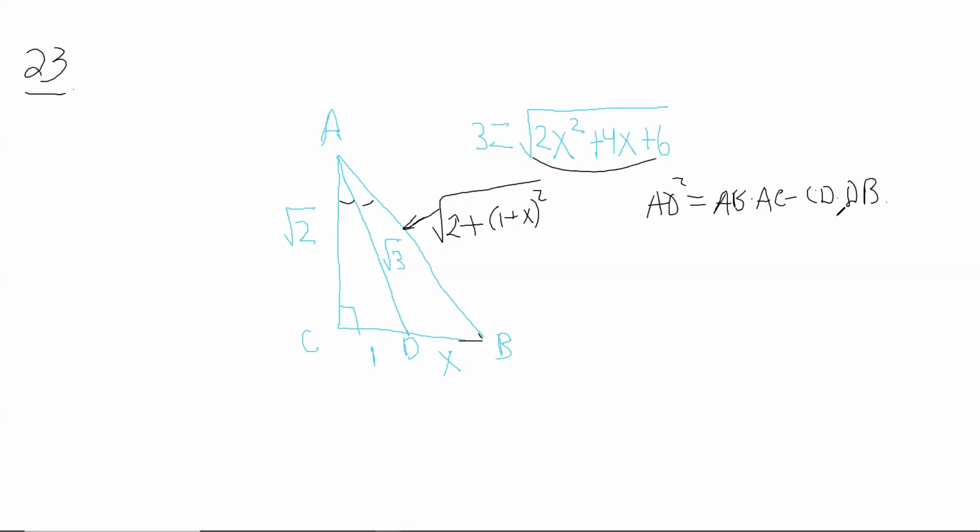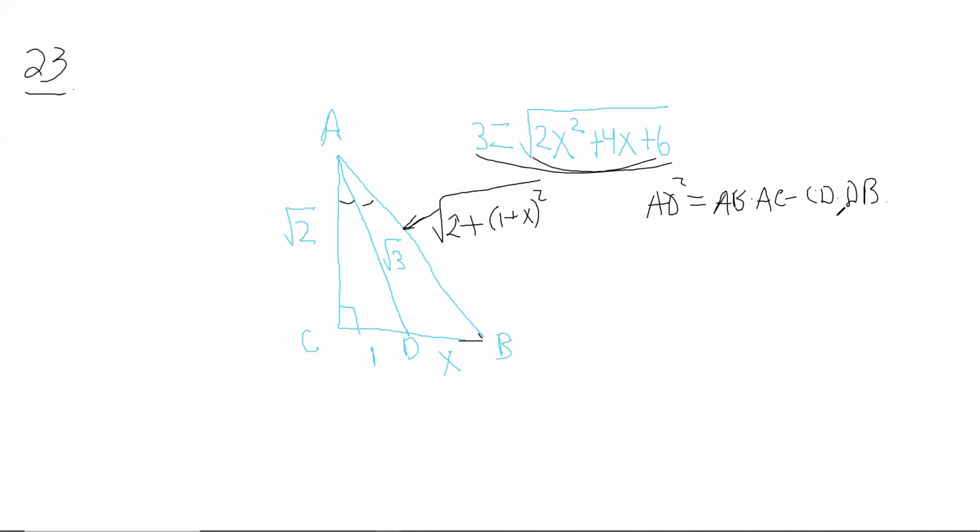So how do you get this? You have to show us how you get it. Yeah, sorry. So this is 1 plus x, and 1 plus x squared is 1 plus 2x plus x squared. Write down what you are saying.